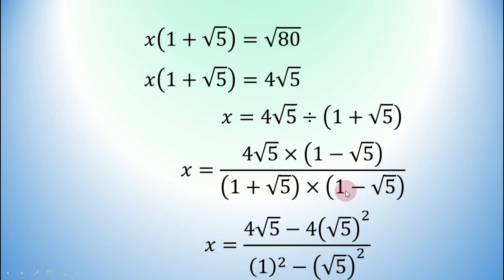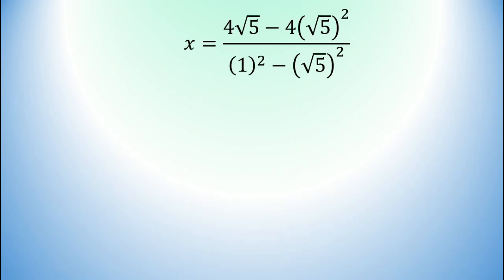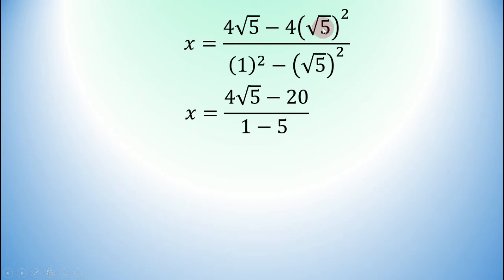In the denominator, it becomes a difference of two squares, 1 squared minus root 5 squared. Finally, root 5 squared is 5, 5 into 4 is 20, then the numerator is 4 root 5 minus 20, and the denominator 1 squared is 1 and root 5 squared is 5, that is minus 4.